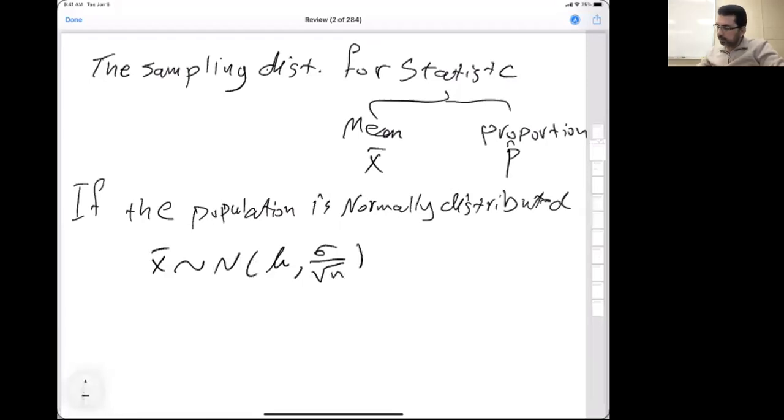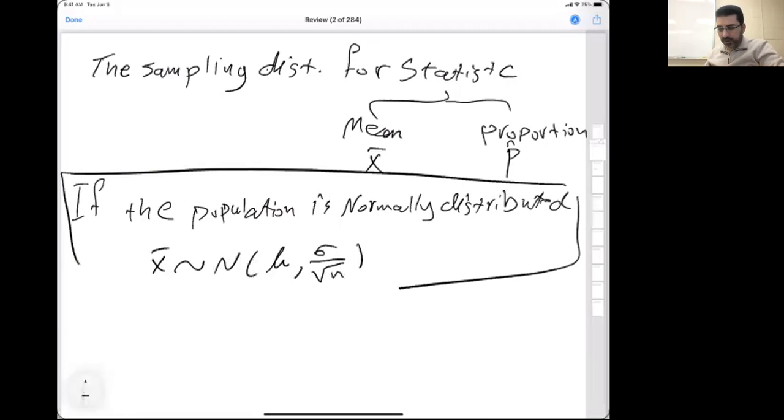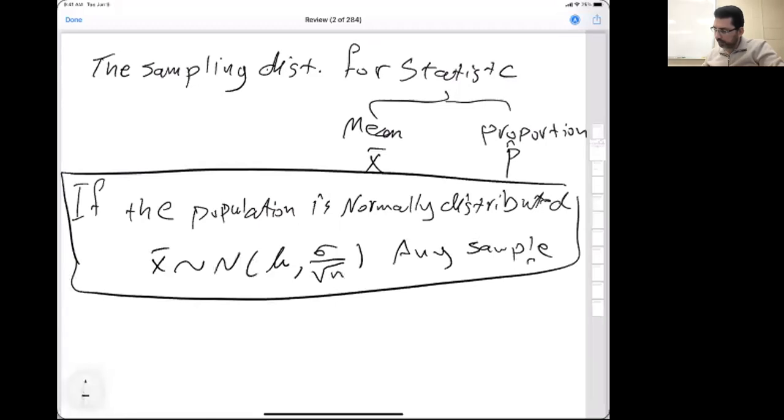This rule holds for any sample size, small, large, whatever.